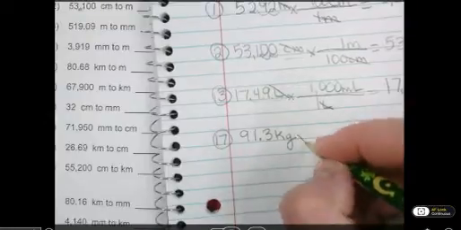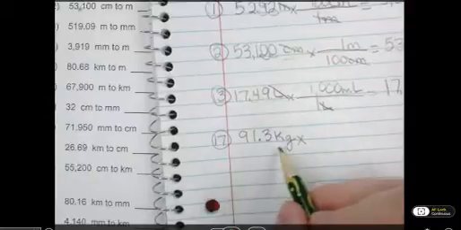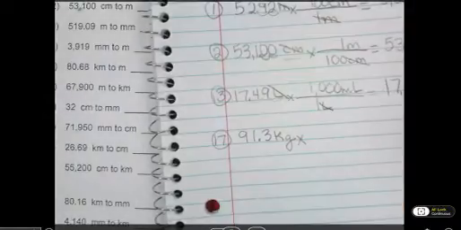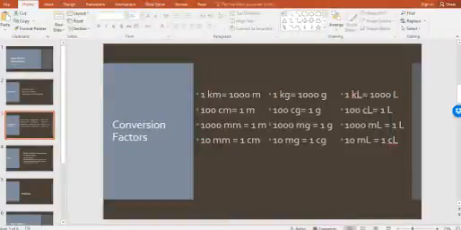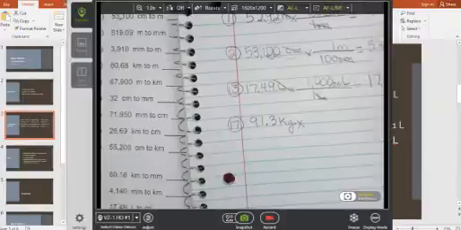Okay, this is a double stepper. So if we look at our conversion factors, we do not have a conversion factor that brings us from kilograms to milligrams. But we do have a conversion factor that goes from kilograms to grams, and we have another one that goes from grams to milligrams. So that's what we're going to use.